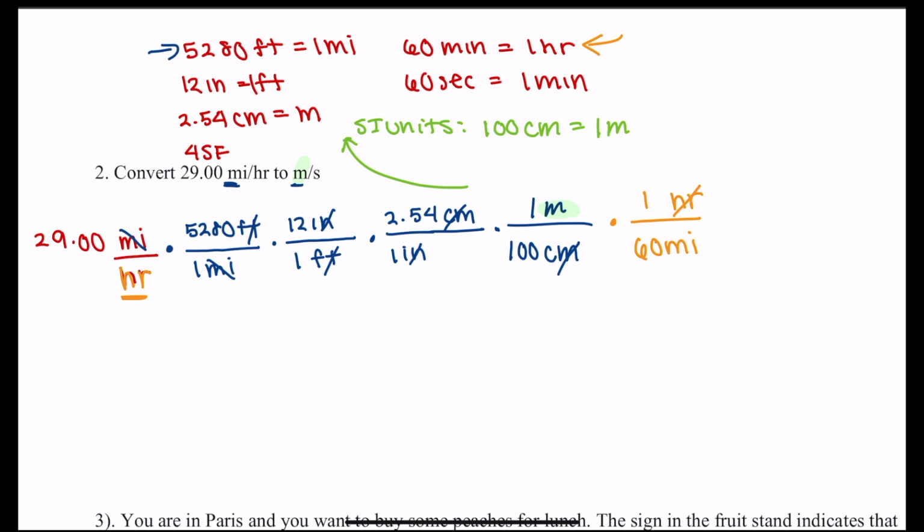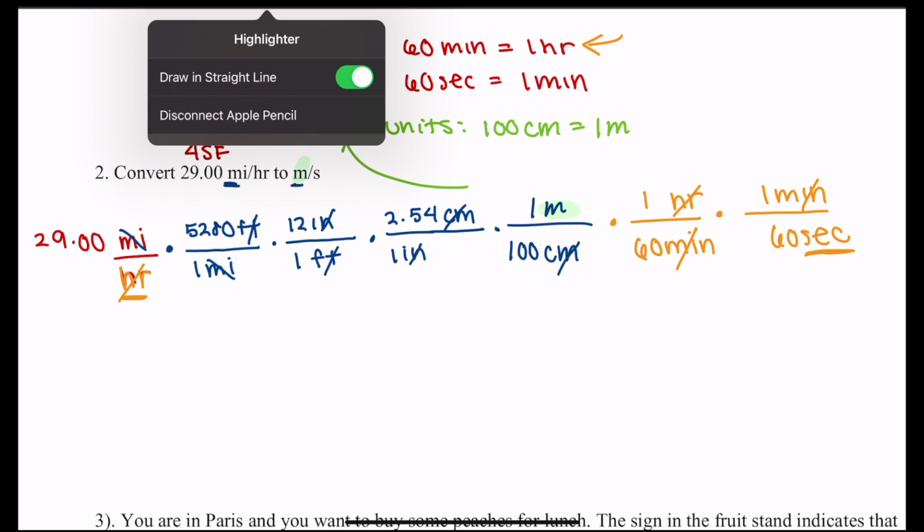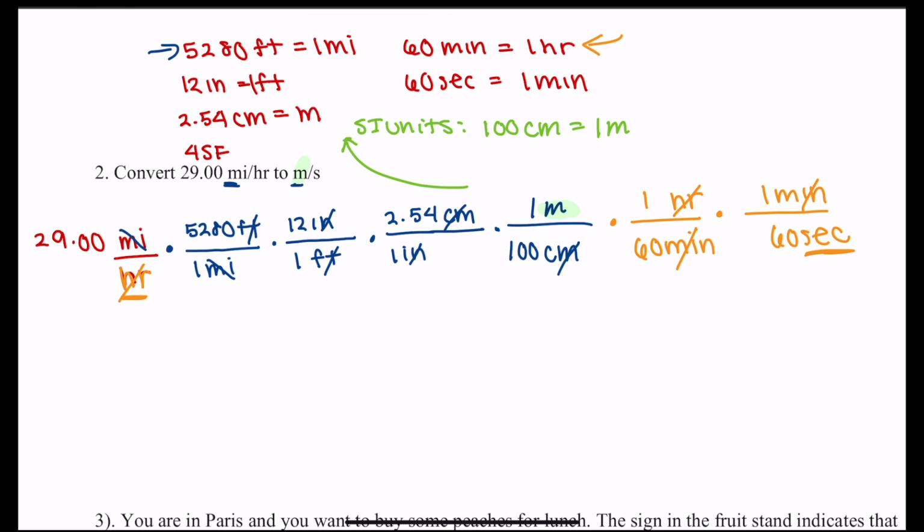So that hour cancels out right there. And I need to convert that minute to seconds. So I know that in 1 minute, there's 60 seconds. So I'm going to write it like this. And that's minutes. Cancel out, leaving with seconds at the bottom. And I know I did that right because my seconds is at the bottom, and so is how my answer should be.